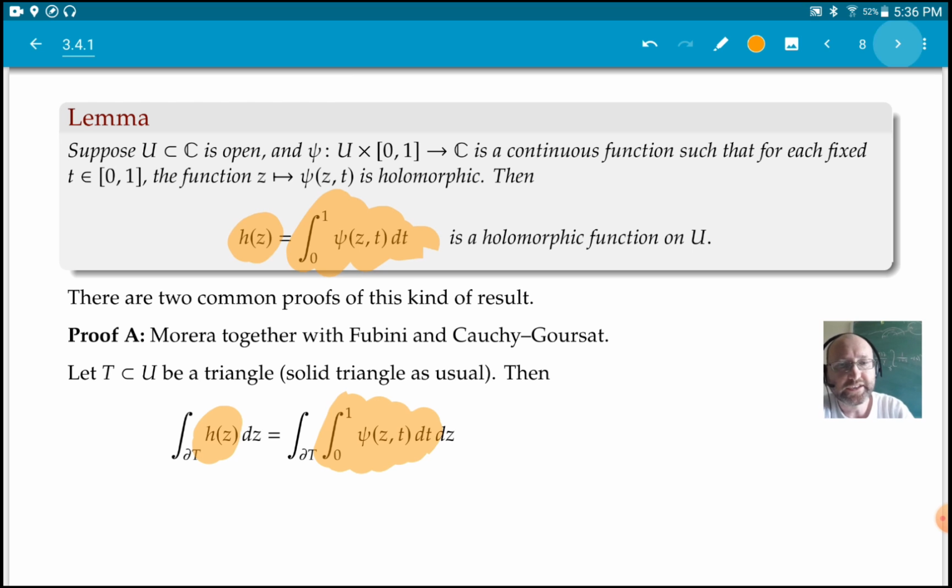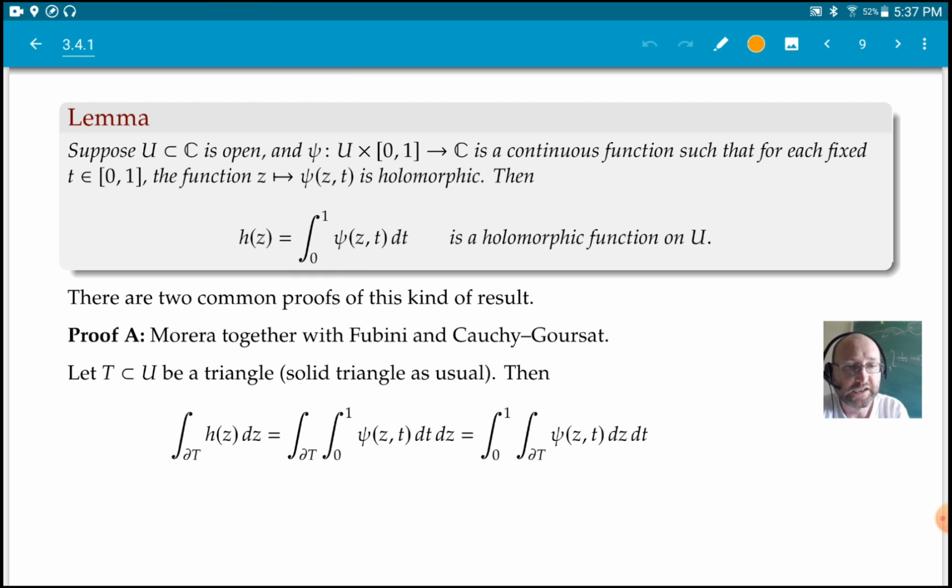And now let's apply Fubini, right? And so we swap the order of these two integrals, right? And so now this dz is inside, and now you look at this inside integral and notice that when you're doing that integral, you're really doing it for any fixed t, right?